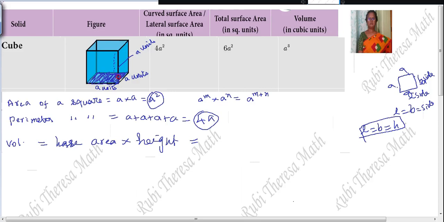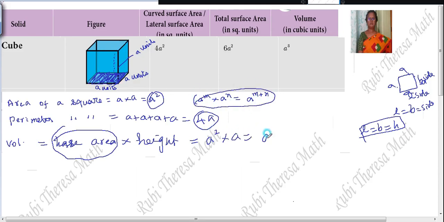So what is the shape of the base here? Square. That means area of a square, A square. Height is nothing but A. The same procedure you are going to do: A square into A is A to the power of 2 plus 1. It is nothing but A cube, cubic units.